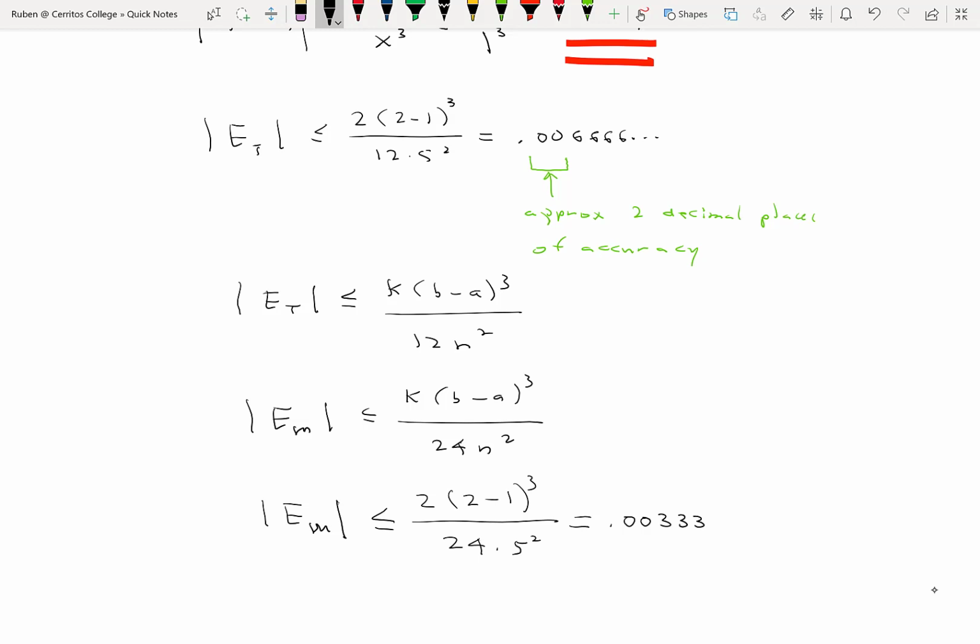That's half of the maximum error that I had in the trapezoid rule.